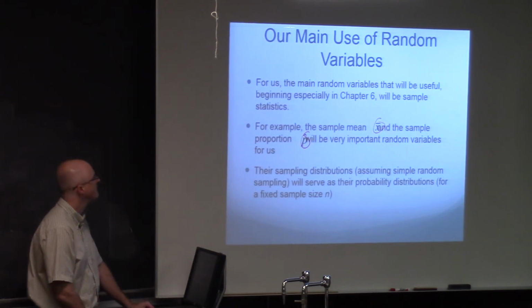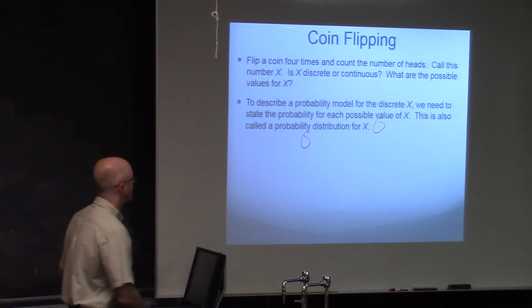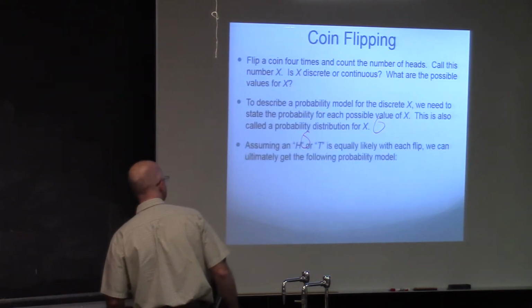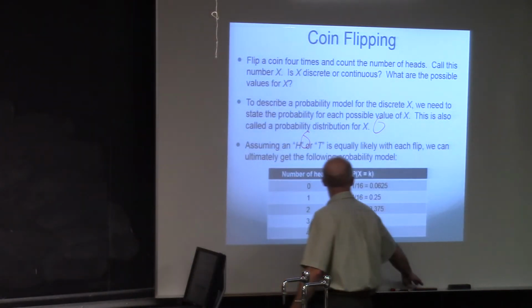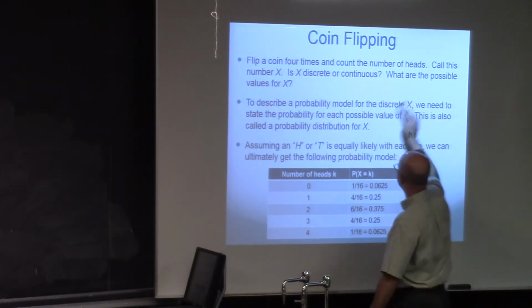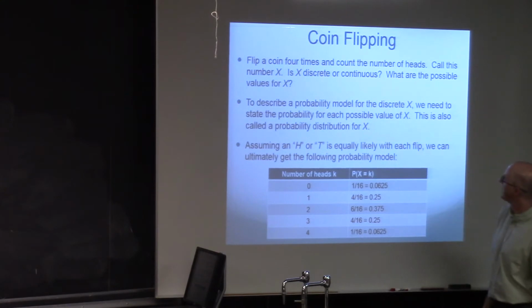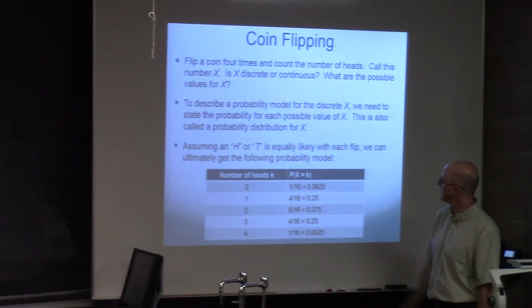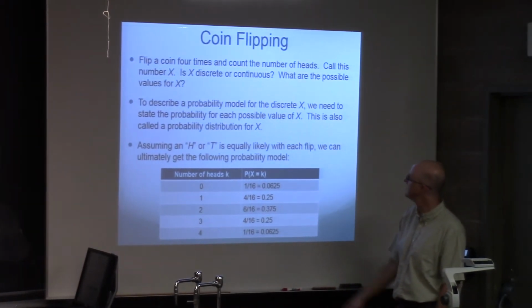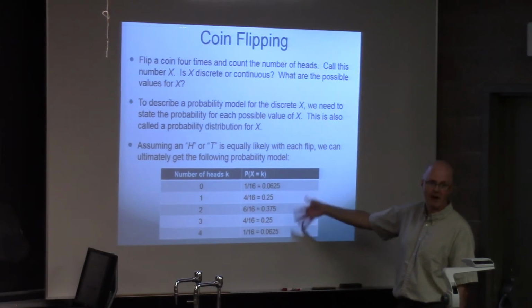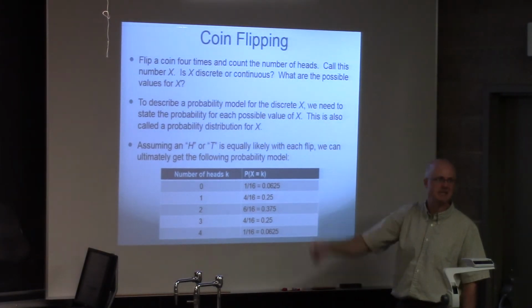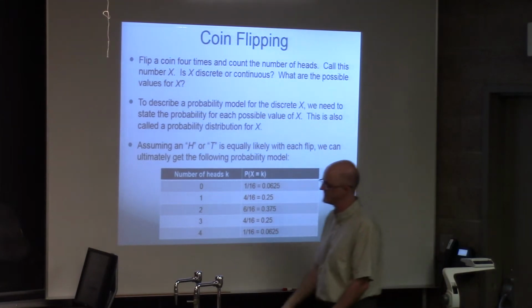A lot of other slides, more slides about coin flipping, and whether that's continuous or not. And we can describe a probability model for the number of heads in 4 flips. I would encourage you to think about why this works. You can list out H's and T's to help you figure out why this one works.